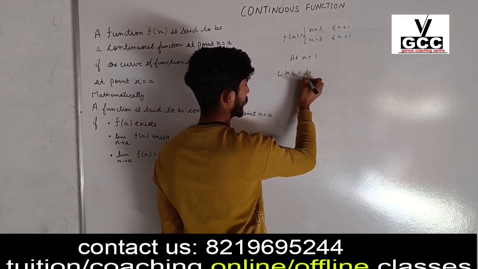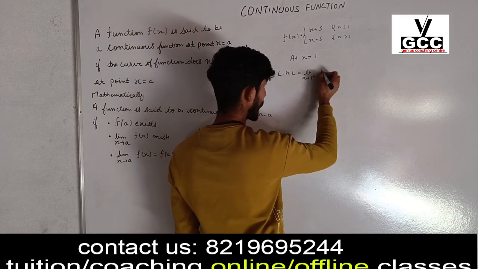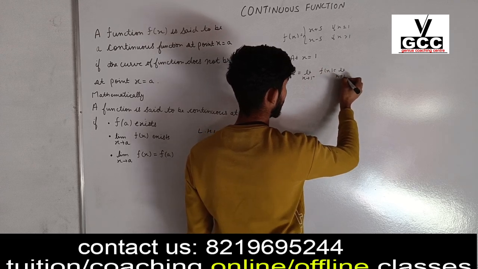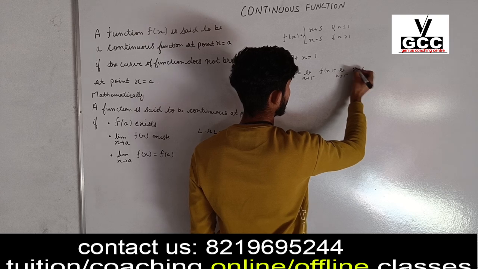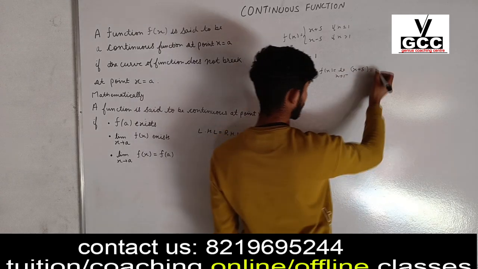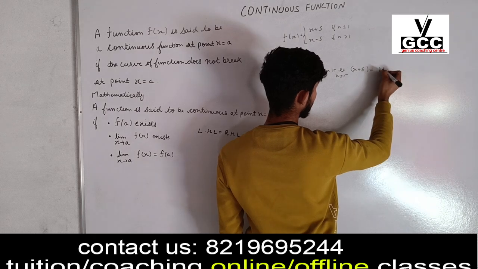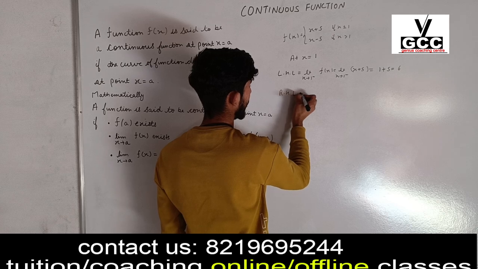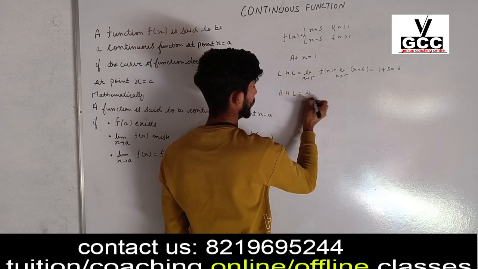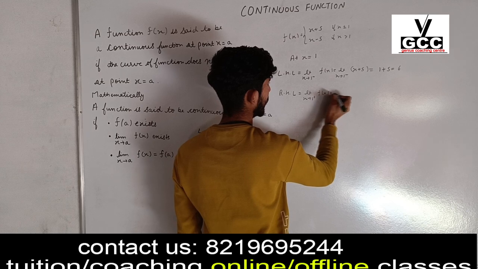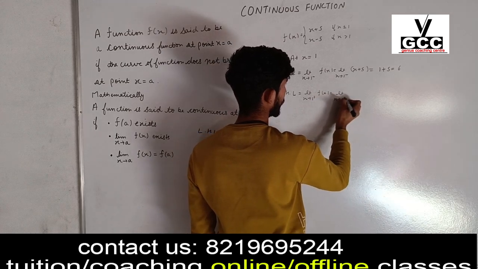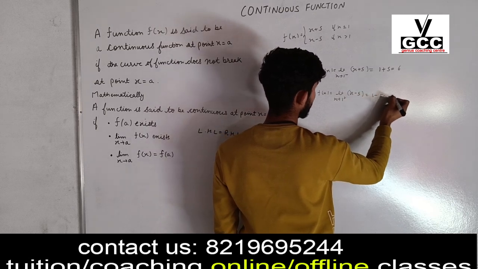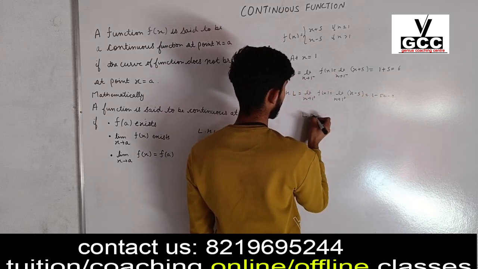Left hand limit is equal to limit x approaches 1 negative f of x, that is limit x approaches 1 negative x plus 5, that is 1 plus 5, that is equal to 6. Similarly, right hand limit, x approaches 1 positive f of x, limit x approaches 1 positive x minus 5, 1 minus 5 is equal to minus 4.